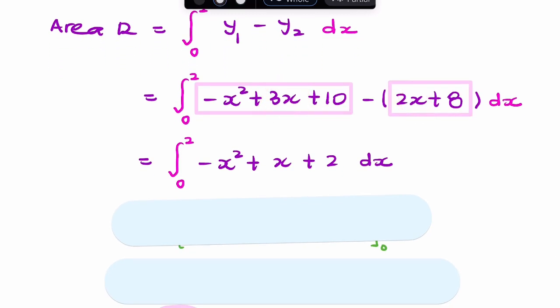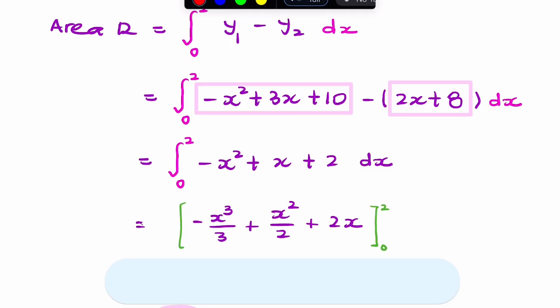and then you simply integrate. So minus x squared becomes minus x cubed over 3, x becomes x squared over 2, and 2 becomes 2x. And because we have limits, this is called a definite integral, we don't add a constant. There is no arbitrary constant.